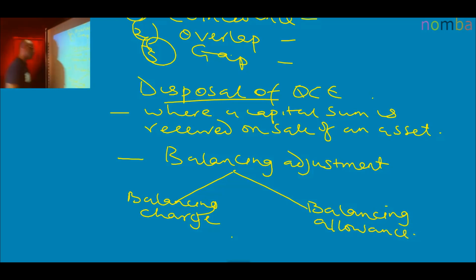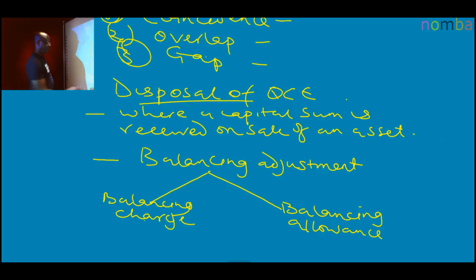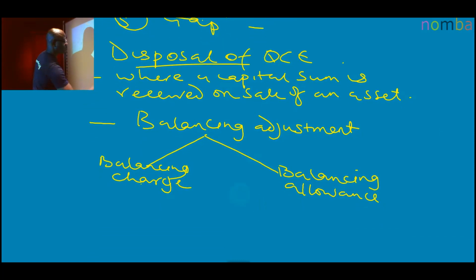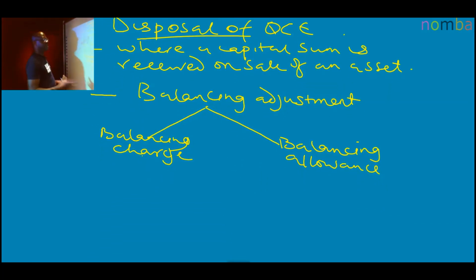So let's go for balancing charge first. What is balancing charge? Balancing charge arises where the TWDV of an asset is less than the sales proceed. In other words, the sales proceed is greater than the TWDV.